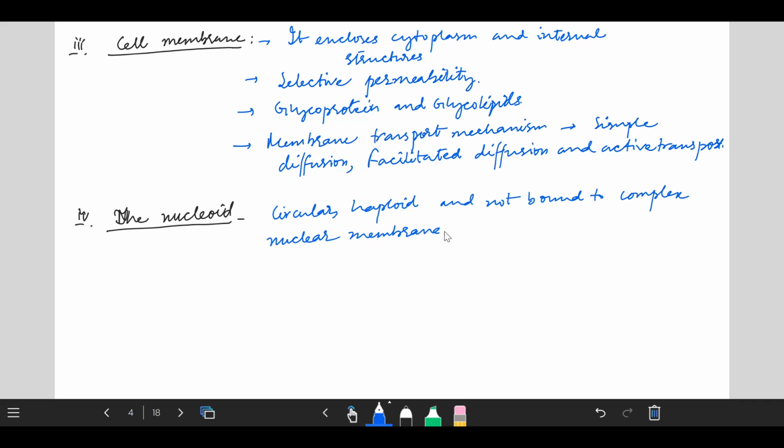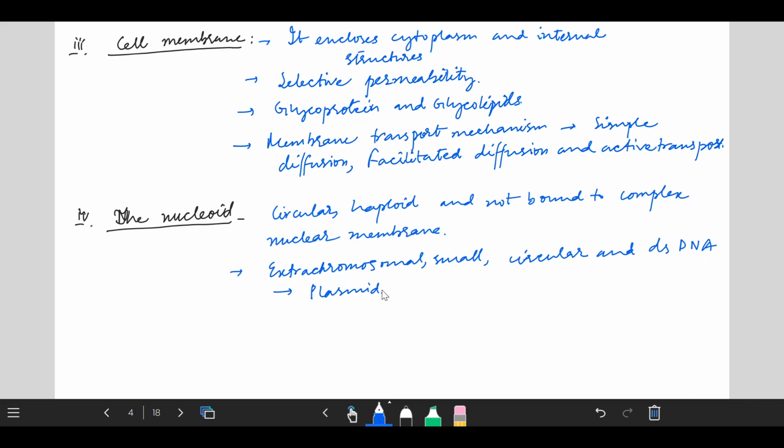Prokaryotic cells may also contain extrachromosomal DNA, or DNA that is not part of the chromosome, and these are small, circular, double-stranded DNA molecules known as plasmids.